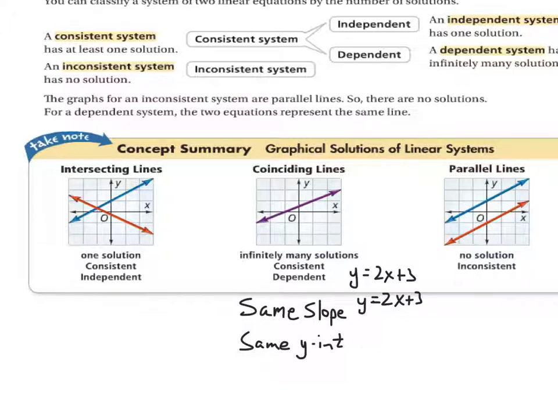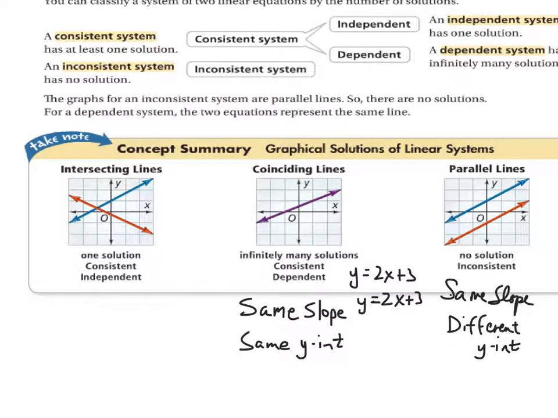Now, it is also possible to have no solution. Now, no solution is going to be an example where you have parallel lines, or two lines that never will intersect. Okay, so you have a no solution possibility. Now, how do you know if it's no solution? Well, in this case, they have the same slope, but they have a different y-intercept.